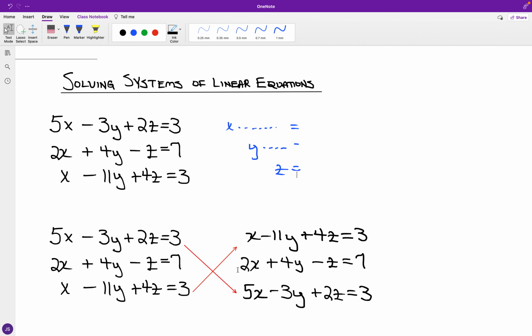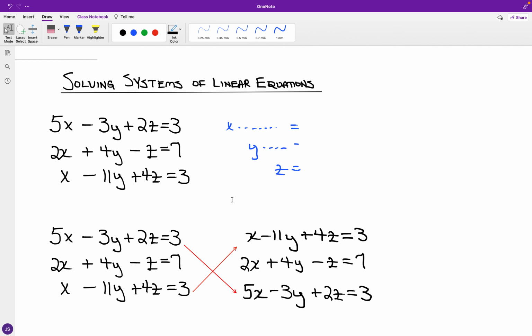It doesn't affect anything we have for x, y, and z. We still have the exact same statements. It's a little change in the permutation of how these equations are arranged. So situating x minus 11y plus 4z equal to 3 at the top, and placing 5x minus 3y plus 2z equal to 3 on the bottom, I have this arrangement.